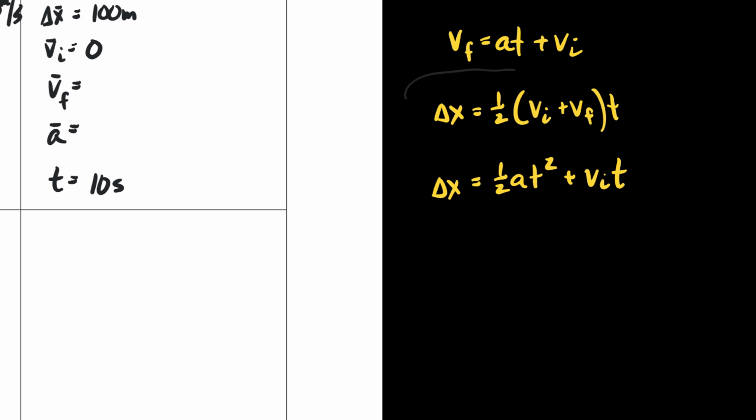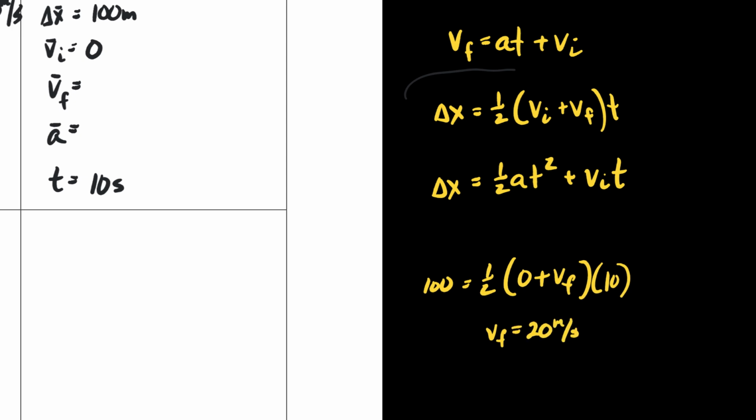So I just do that. That's what we just did, right? So that becomes 100 equals 1/2 times 0 plus v final times 10. Right? Giving me my final velocity of 20 meters per second.